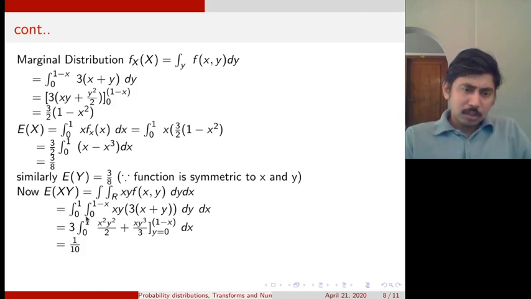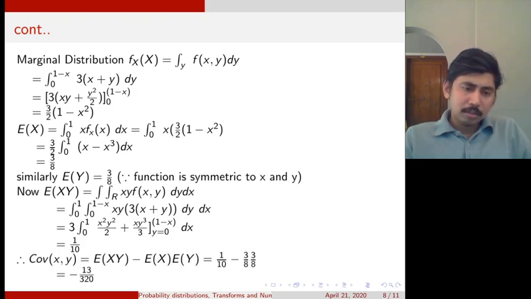In R, the limits are 0 to 1 and 0 to 1 minus x, xy into 3 into (x plus y), dy dx. Taking 3 outside, integrating gives x square y square by 2 plus x y cube by 3, with y from 0 to 1 minus x. If you apply the limits, you will get 1 by 10.